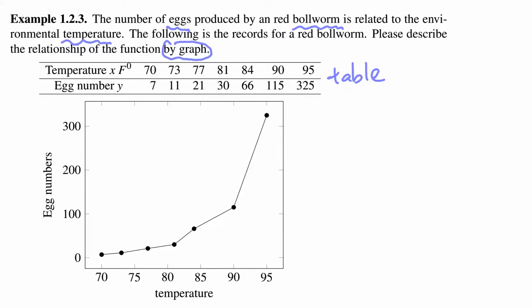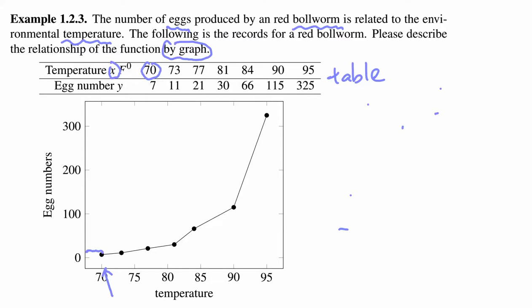Okay. So what we do is, for 70 degrees, we want to locate it on the x-axis. That's our x-axis, 70 Fahrenheit. And then we have a 7 there. Okay, so it should be this high.